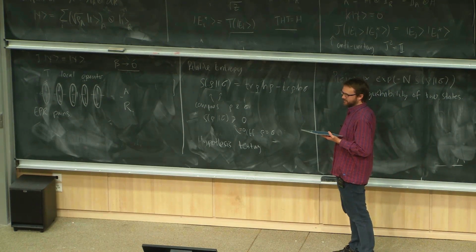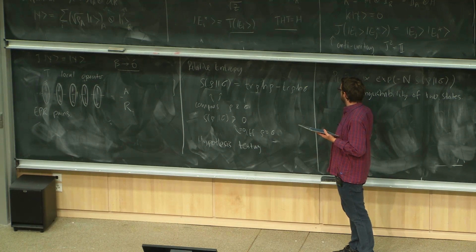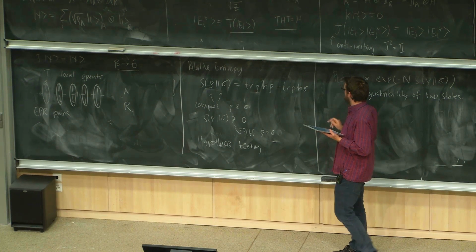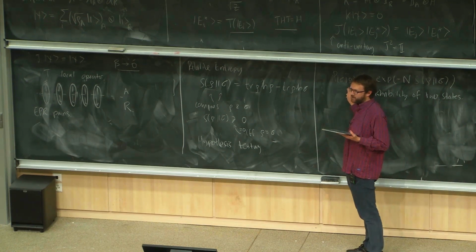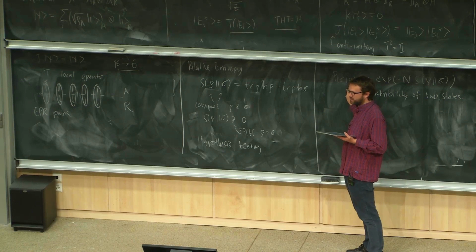Basically, by making various measurements and getting outcomes that look like a typical sequence of outcomes that you would get from this density matrix, that's the probability that would arise.